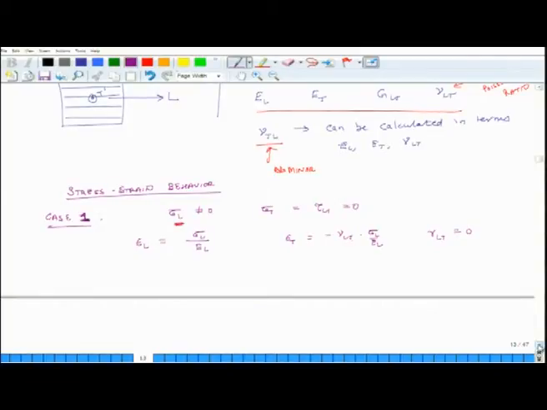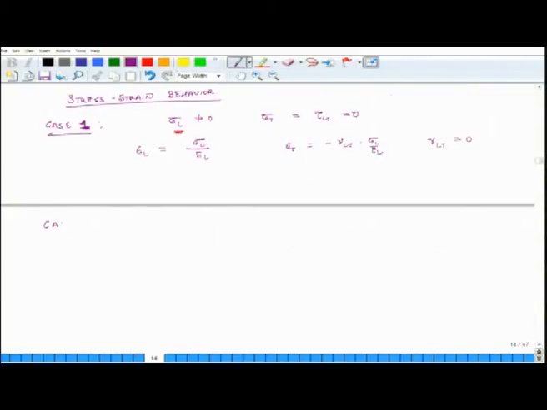Next, look at case 2. In case 2, we apply a pure transverse stress, only a transverse stress. So, in this case sigma L is equal to tau LT is equal to 0, but sigma T is not equal to 0. So, when I apply a pure transverse stress, what will happen? It will have a transverse strain.